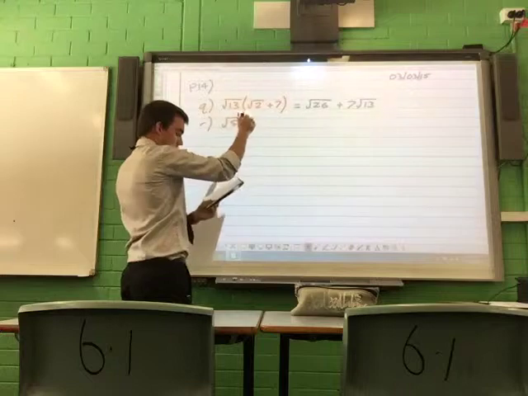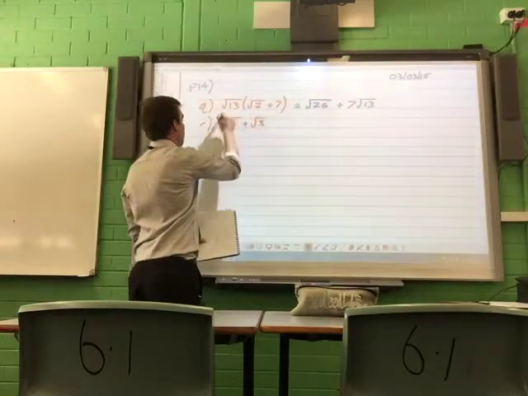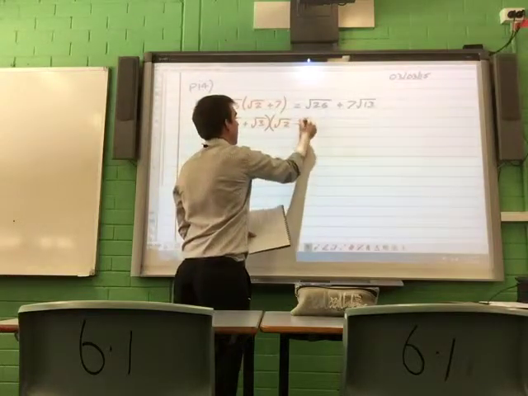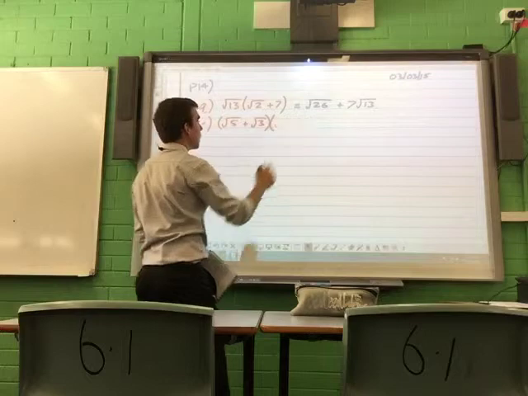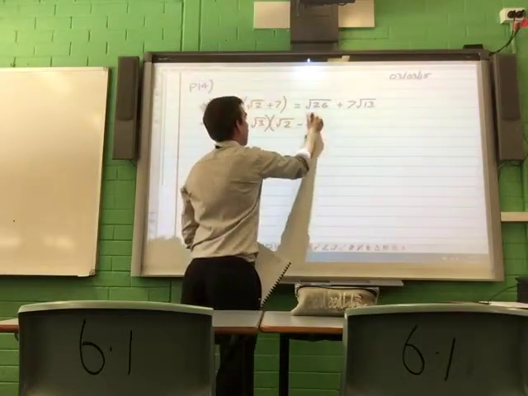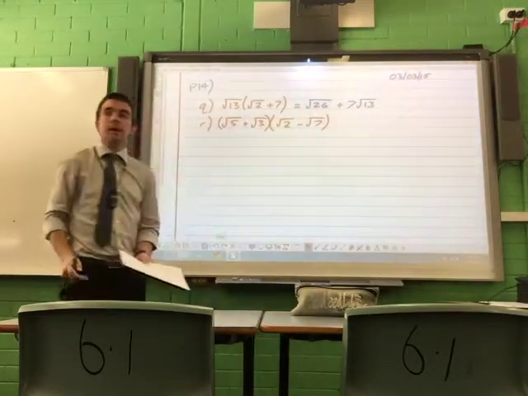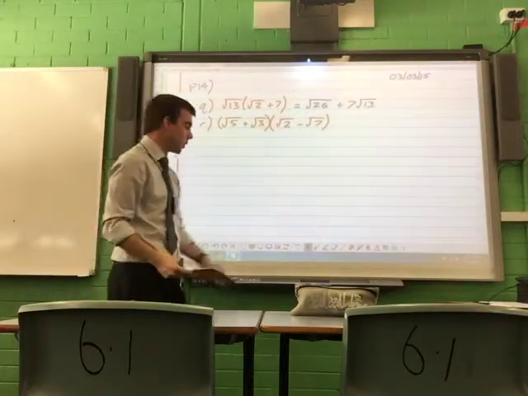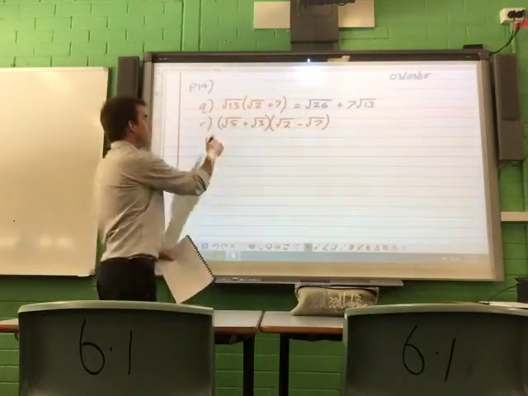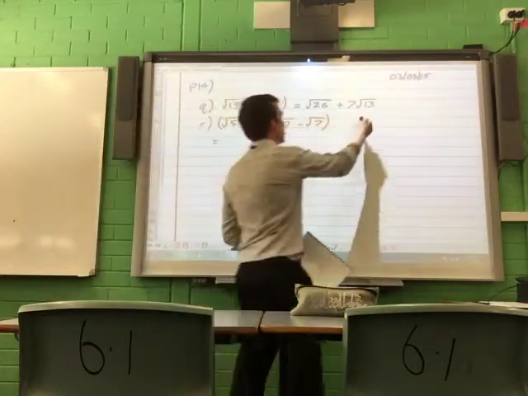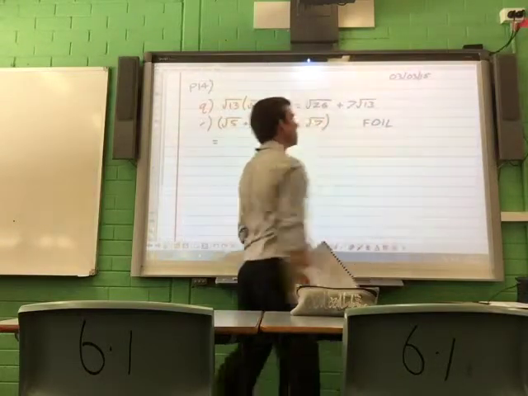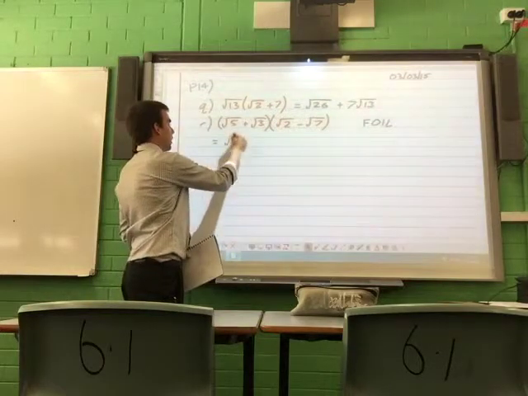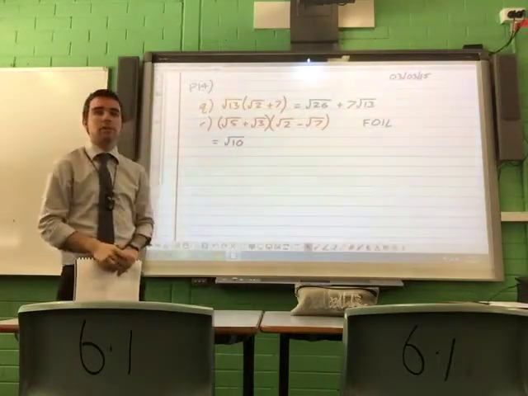Root 5 plus root 3, times root 2 take away root 7. Okay, so we have a binomial product. Two terms in each bracket, so we use our FOIL technique here to expand it. F-O-I-L: first, root 5 times root 2, root 10, one and the same symbol.